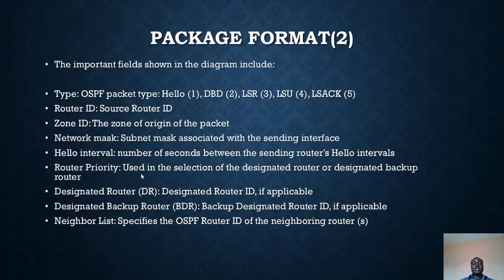The router priority is used in the selection of the designated router or backup designated router. The designated router, the DR, is the router ID if applicable, and the backup designated router, the BDR, is the backup designated router ID if applicable. The neighbor list specifies the OSPF router ID of the neighbor router.